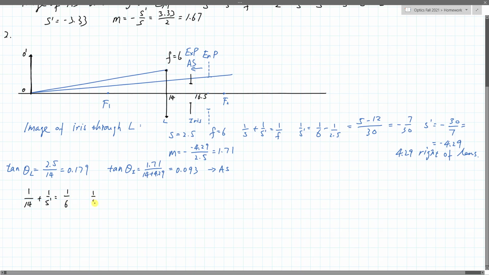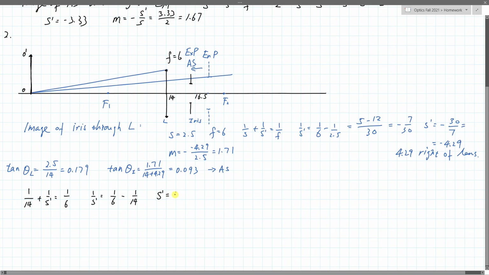So 1 over s prime is equal to 1 over 6 minus 1 over 14. I'd rather just calculate the numerical value. So I have 10.5. I didn't expect something simpler.